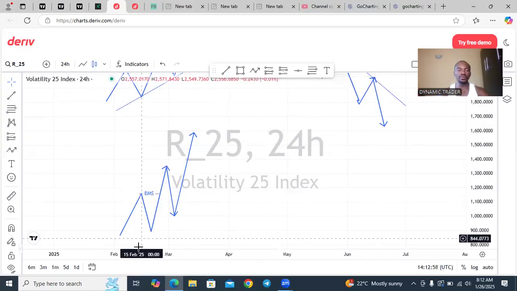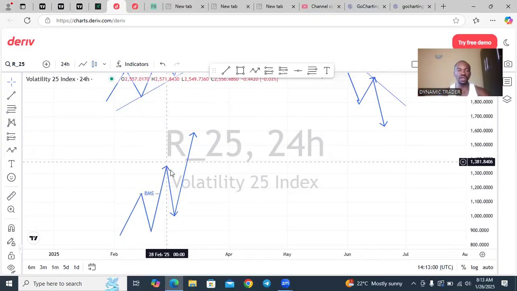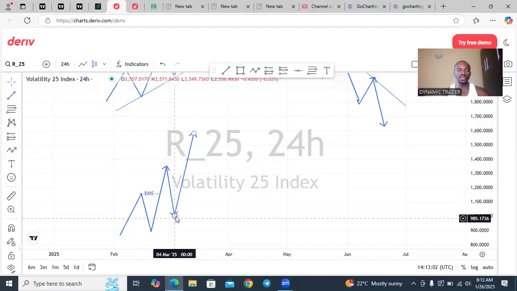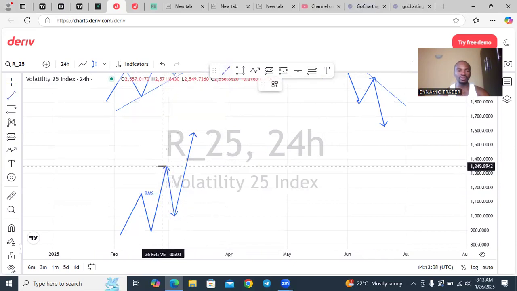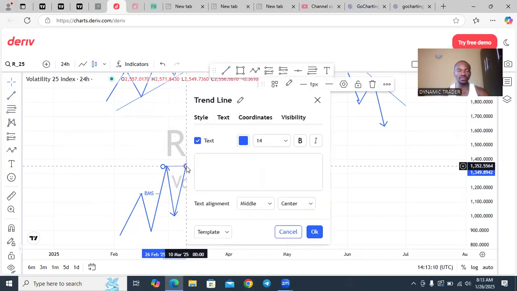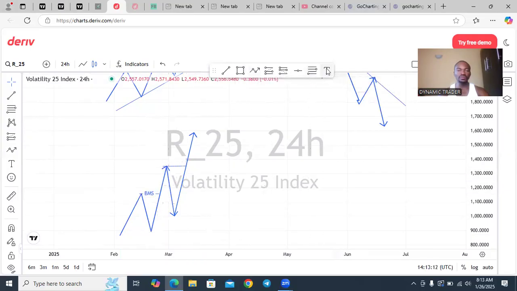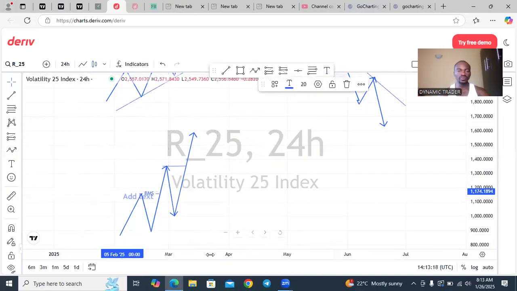So the market formed, after breaking this high, it formed a low, all right? Then this low went and broke this previous high created before the market returned to the downside. So here is what we call a higher high, all right?